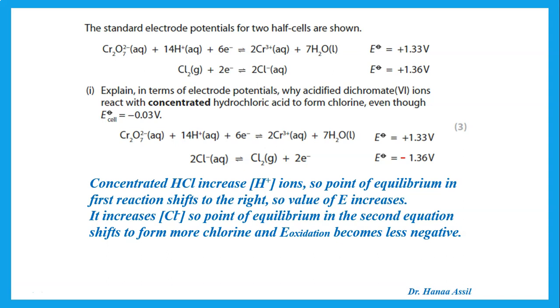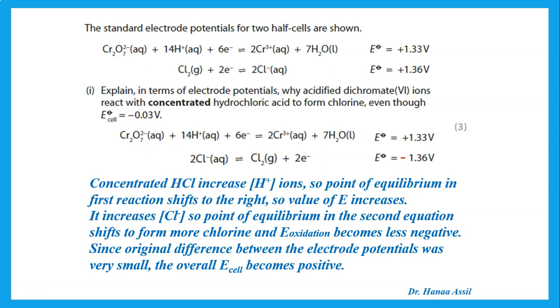It will increase, so instead of being minus a big number, now it's minus a smaller number, and that means that overall, when I add them up, the positive has increased and the minus has become less negative, and therefore the overall E cell, instead of minus 0.03, would become positive and the reaction would be feasible.